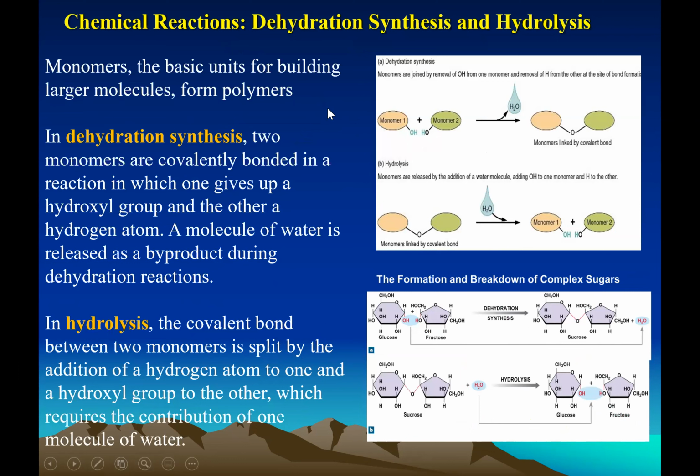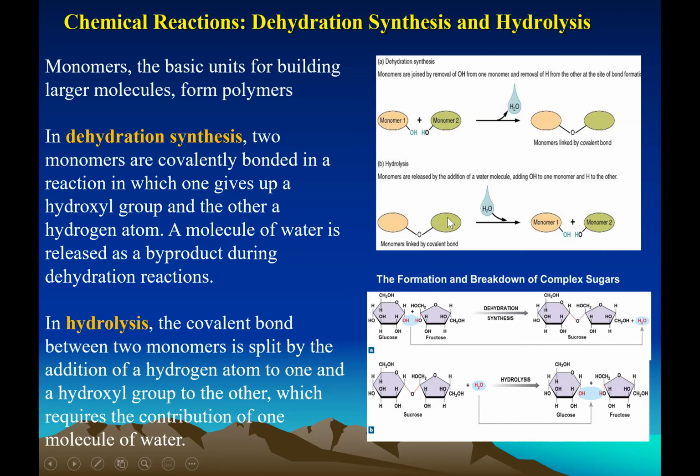The next facet of chemical reaction is we need to understand what dehydration reaction and hydrolysis is. When we want to make a large molecule, monomers will come together with the loss of a water molecule and they'll form a covalent bond. So this loss of water is called dehydration or condensation reaction.